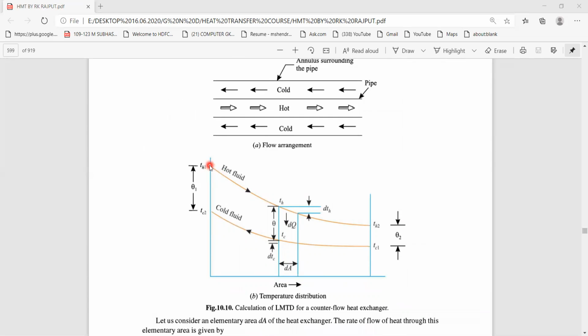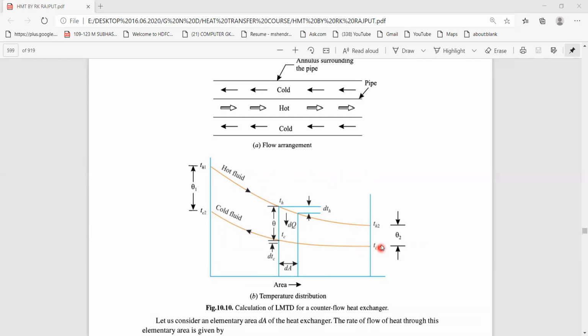Now, the topmost curve shows the condition for hot fluid. TH1 is the inlet temperature of hot fluid, and TH2 is the outlet temperature of hot fluid.